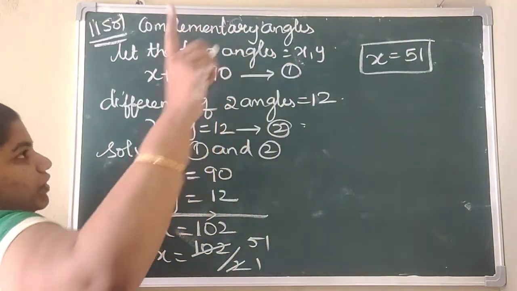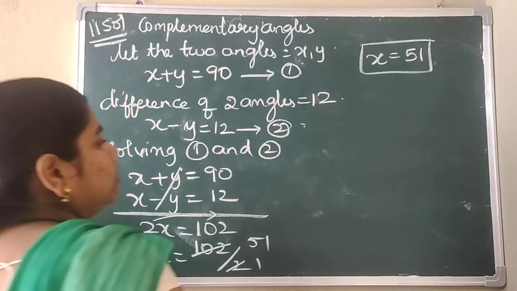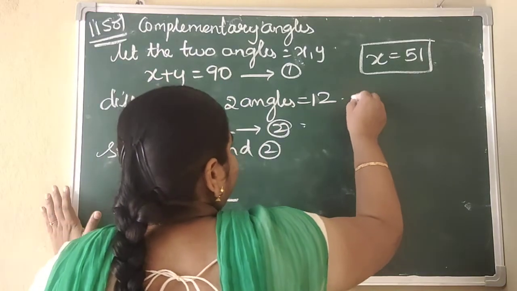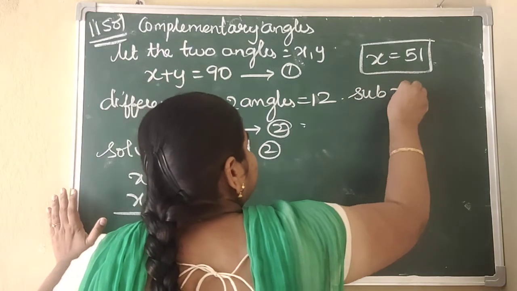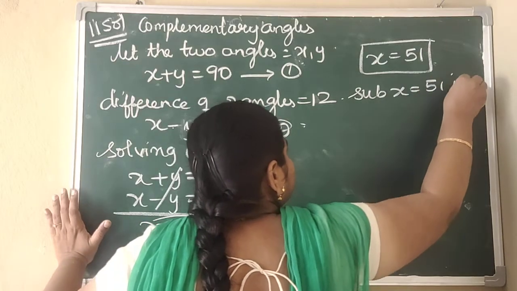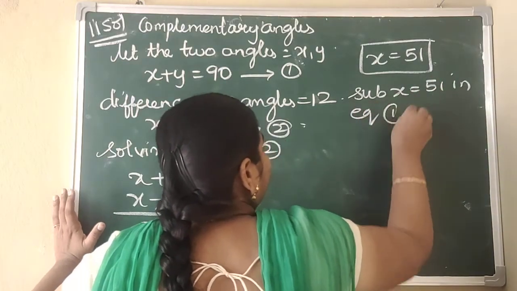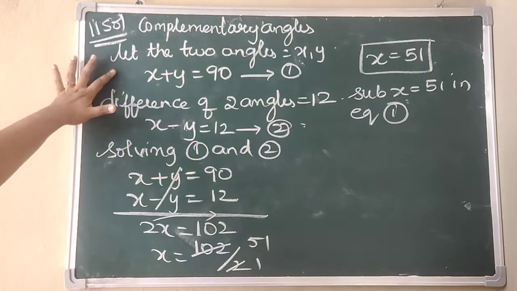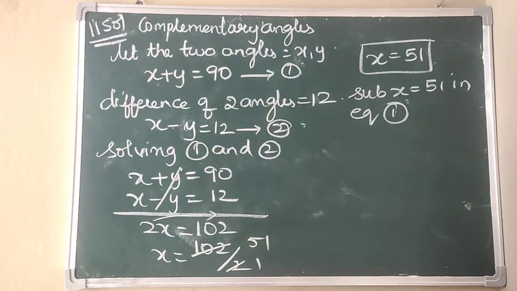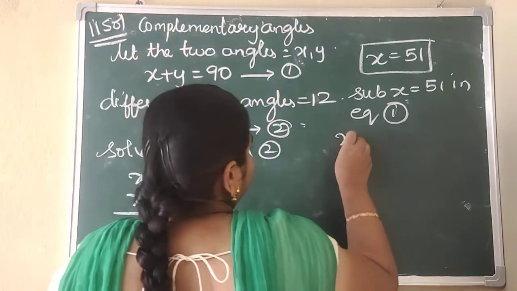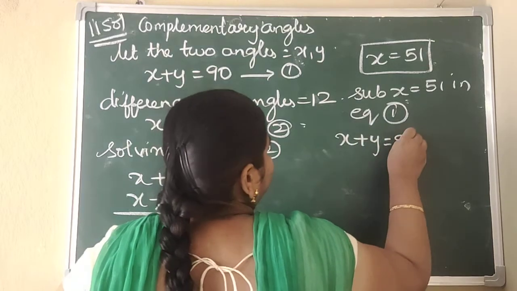x is nothing but the first angle, which is 51. So the second angle we have to find. Substitute x is equal to 51 in equation number 1. You can do it in 2 also. What is equation number 1? x plus y is equal to 90.